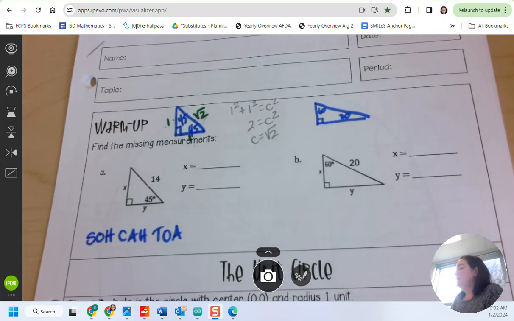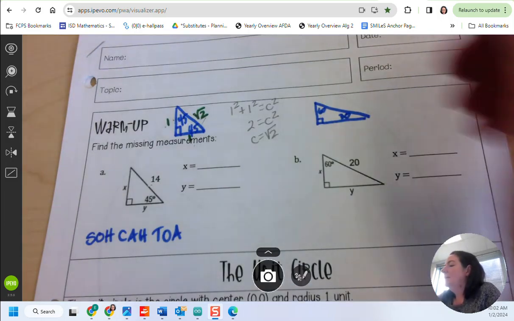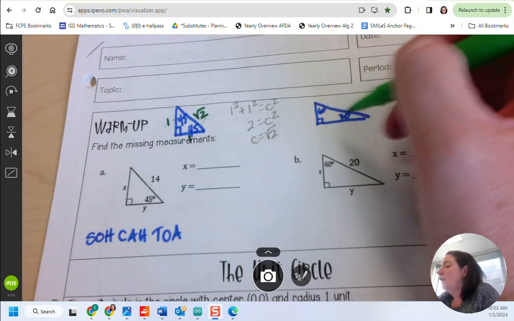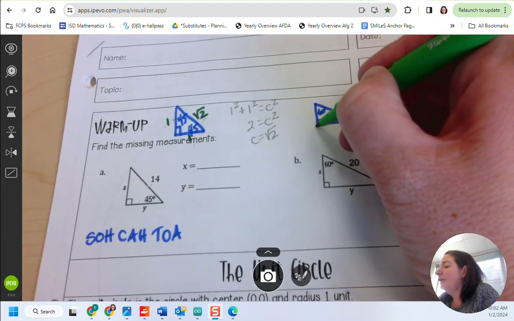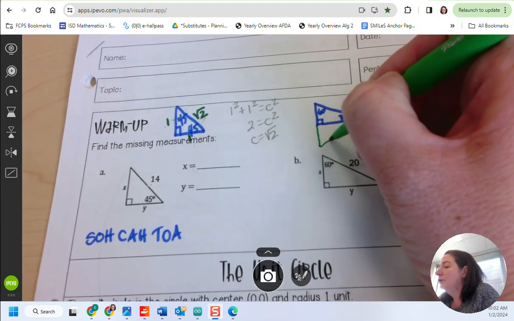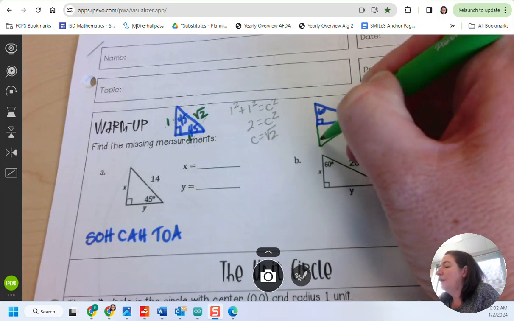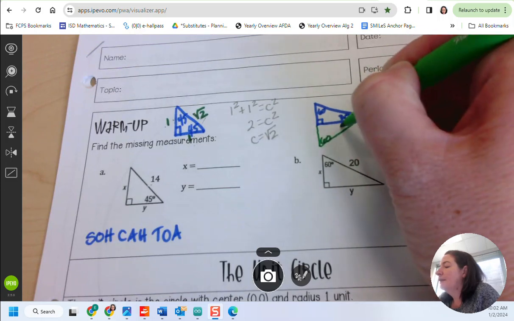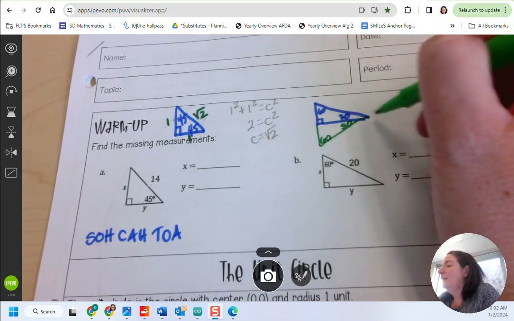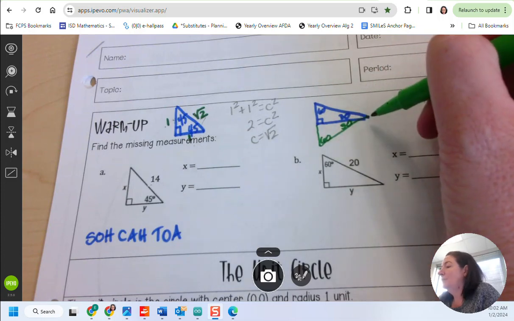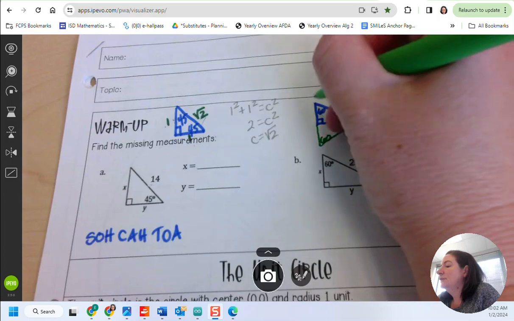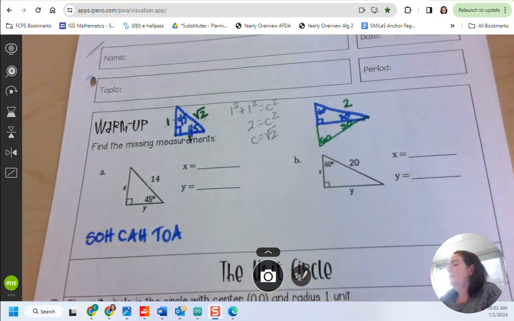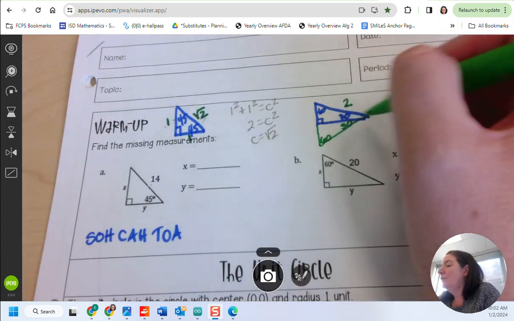The 30, 60, 90 triangle, this one is not as obvious what the sides are, but if you think about the 30, 60, 90 triangle as half of an equilateral triangle. So here's an equilateral triangle. All right, and in the equilateral triangle, all the sides are equal. So if I said that this hypotenuse here is 2, that would mean that all the sides in the equilateral triangle would be 2.